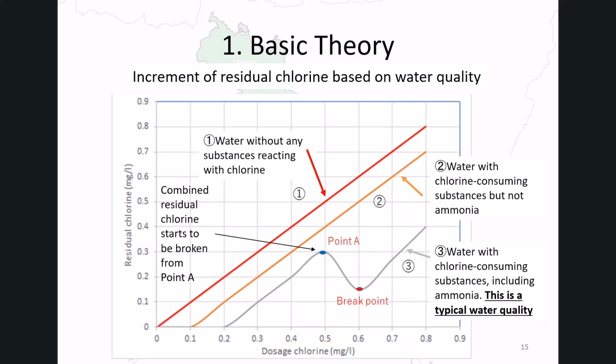This pattern clearly shows the breakpoint behavior, and this water has a very high chlorine demand. Understanding which pattern your water follows is essential. It explains why the same chlorine dosage can produce very different residual chlorine results depending on raw water quality.